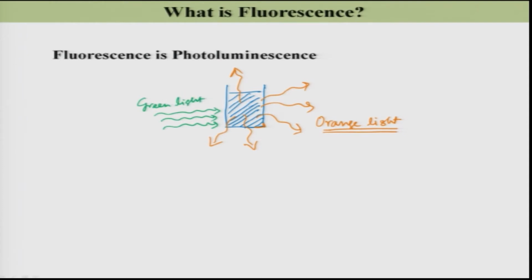So, the light emission is because of the absorption of light, or the mode of excitation is the absorption of light. So, this is called the photoluminescence or fluorescence.